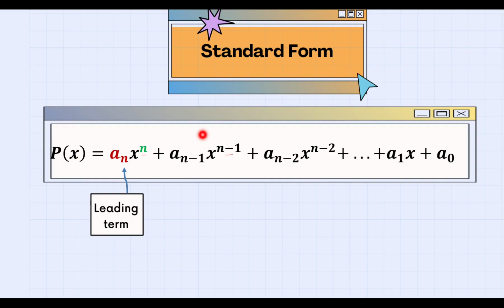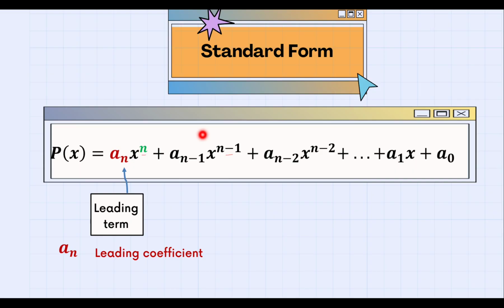And in the leading term, it's already color-coded for us to easily remember. The a sub n, or the numerical coefficient, is called the leading coefficient. Whether that is the highest real number, the largest real number, or the lowest real number, it does not matter.